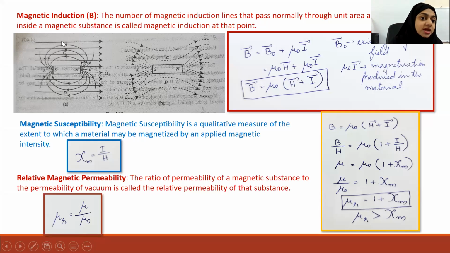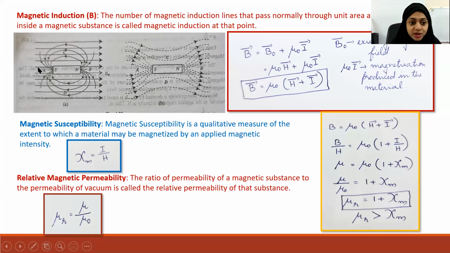So outside of this magnetic substance, what happens? The magnetic fields are in opposite directions and therefore the density of magnetic field lines reduces, which means the magnetic field strength will reduce outside because they are in opposite directions. So some field strength can cancel each other, both up and down.